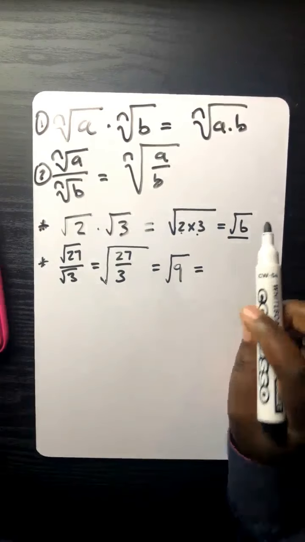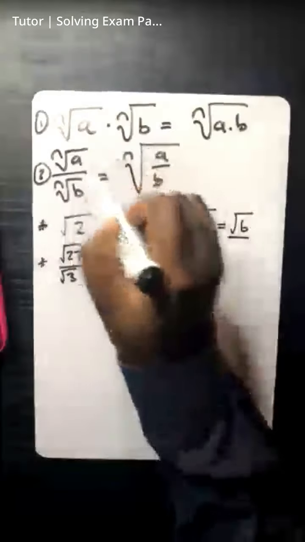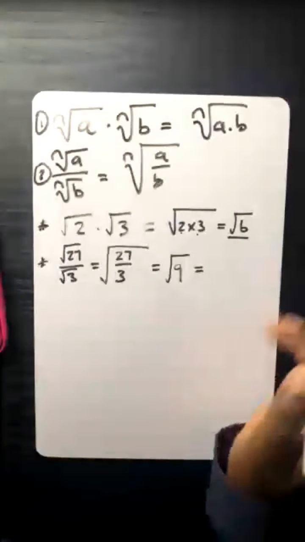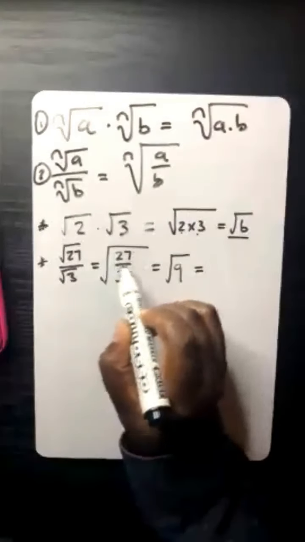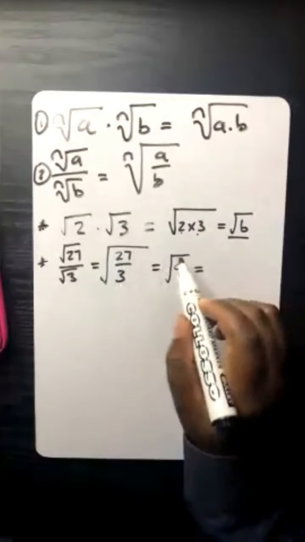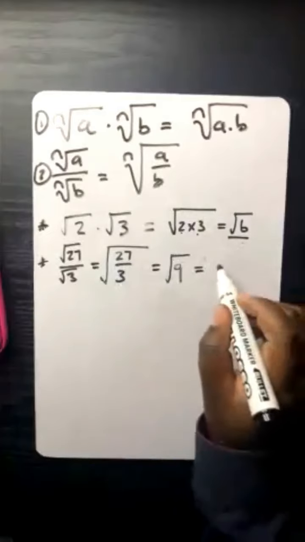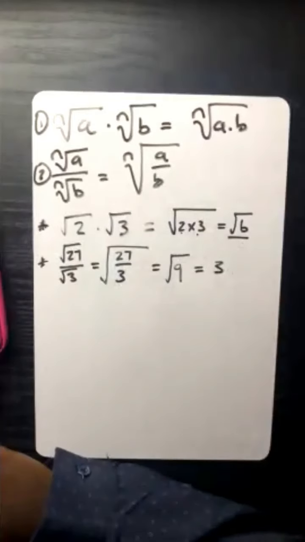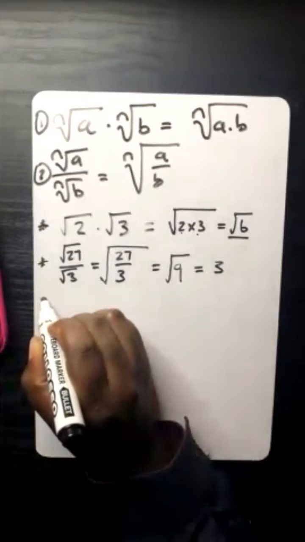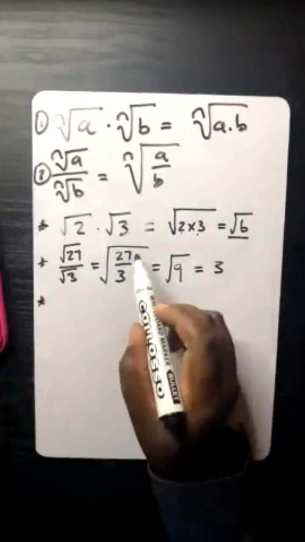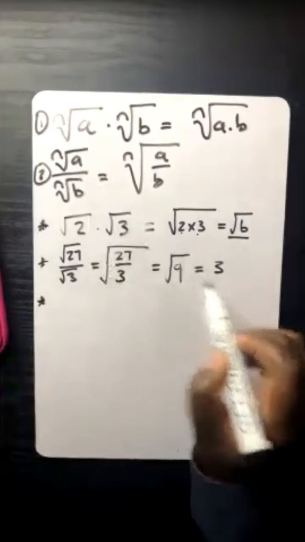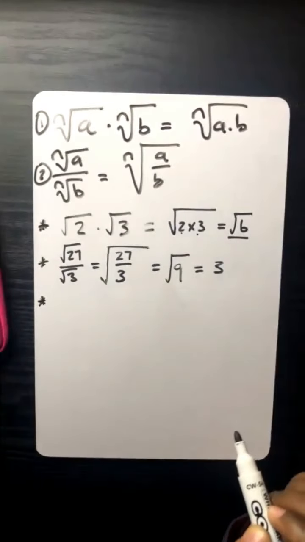So you first apply rule number 2, then from there you do it step by step. So you say 27 divided by 3, which is 9. Then after, you can say what is square root of 9? This is equal to 3. So that is how you work it out. You don't straight away punch all of this on a calculator. Otherwise, you skip a mark and you get a final answer.